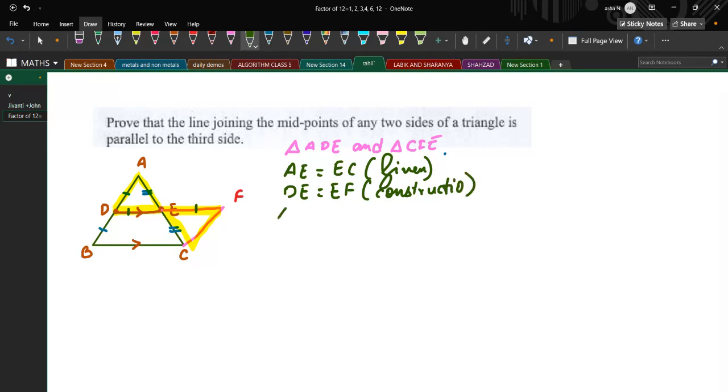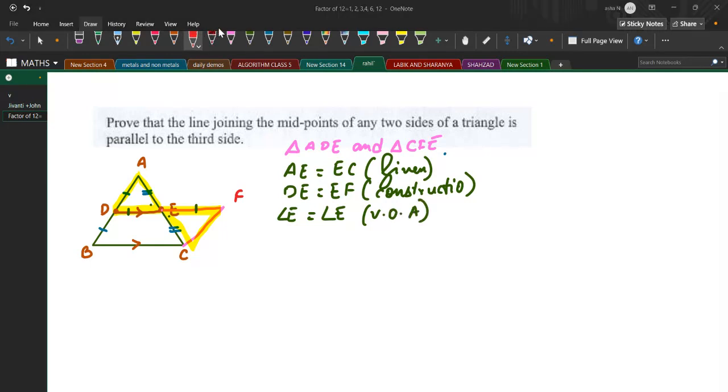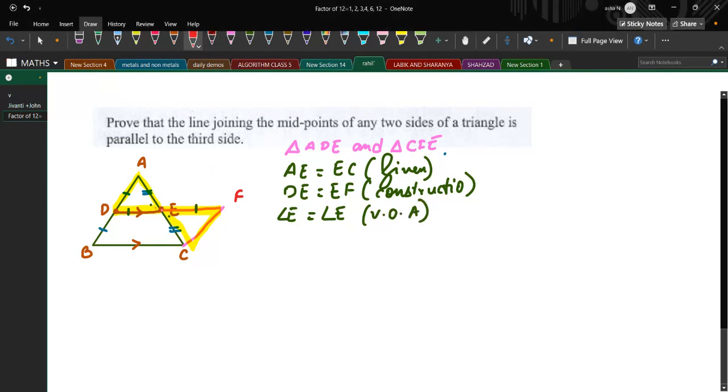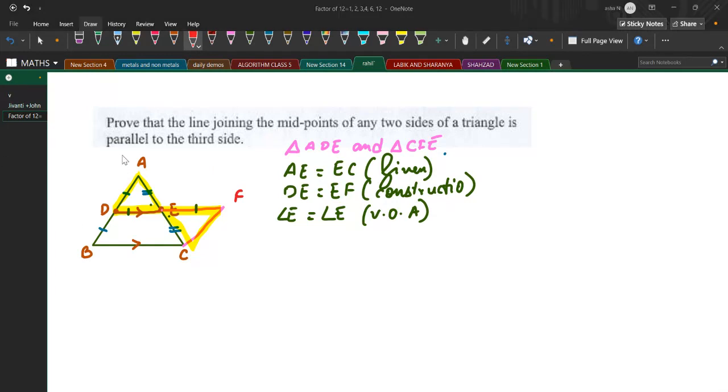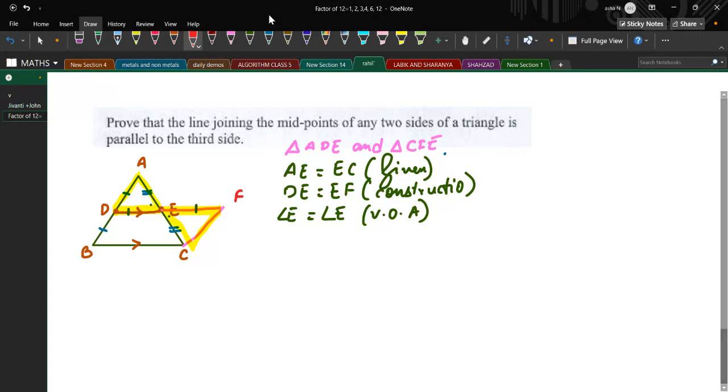Then we have angle E equal to angle E. I am talking about this angle and this angle, which are vertically opposite angles. So these two triangles are congruent by which test? Side angle side congruency. So triangle ADE is congruent to triangle CFE.